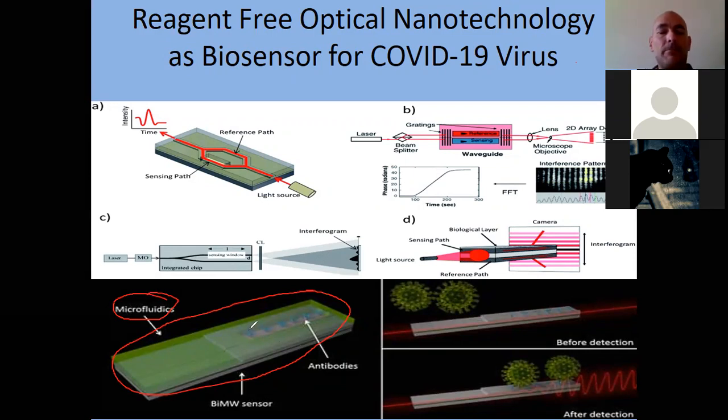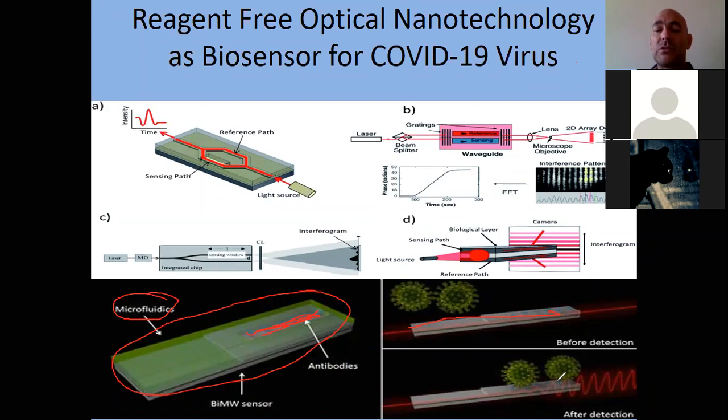And this channel is modified with molecules here that bind to this COVID-19. And when the COVID-19 passes in this channel, it will be slowed down. It will bind to these proteins because this protein will capture this virus.